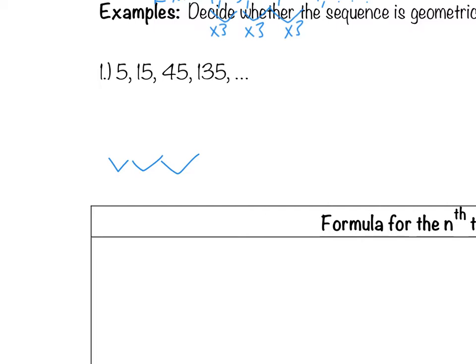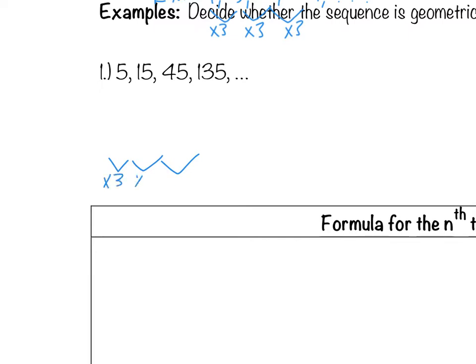Obviously the same number's not being added every single time, so we check if it's being multiplied by the same amount every time. Sometimes it's pretty easy. Like this one, you could probably figure it out without doing anything: it's being multiplied by 3 every single time.